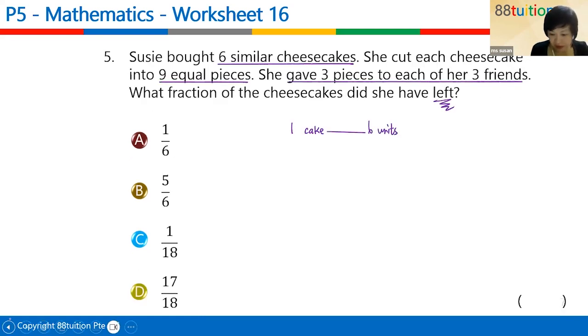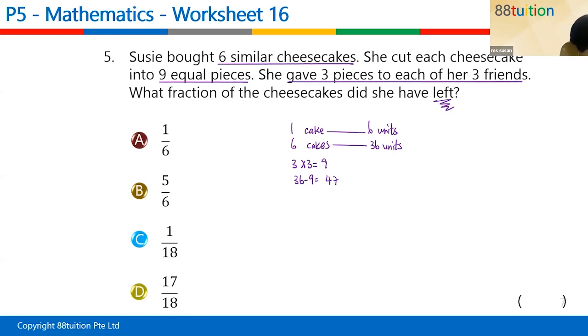So she bought 6 cakes. So I come to here. So 6 cakes will have 36 units because she cuts each into 6. And she's going to give 3 pieces to each of her 3 friends. So she'll be giving 9 pieces away. So what is the fraction that is being left? You use 36 minus 9 is equal to 47.